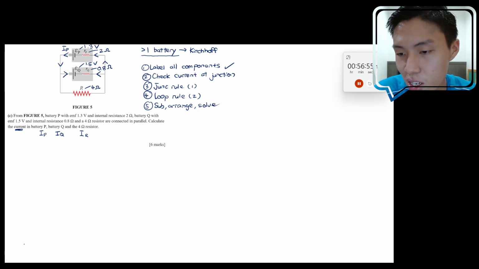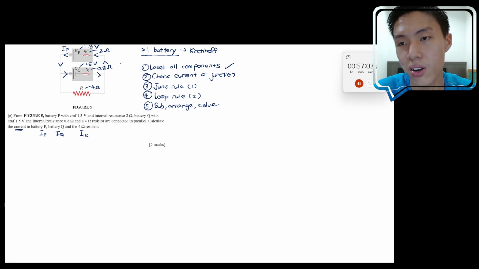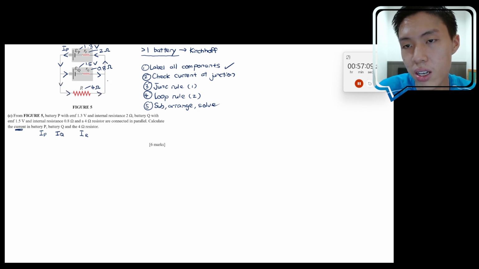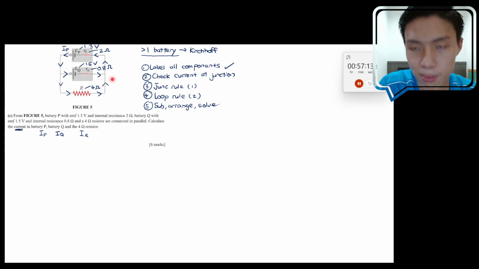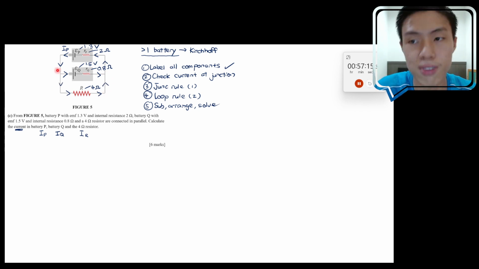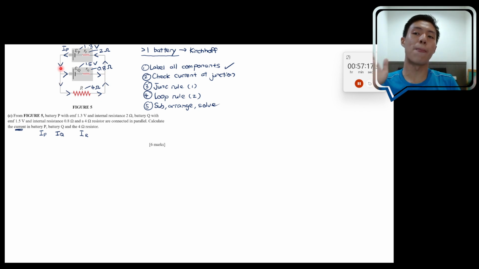So the current should be flowing in a consistent direction. If I put it to be to the right, then it has to be to the right along the way. Last one over here, if I put it to be downward, then this will be along this direction. You can make it flowing from here to here, that's fine as well. You pick yourself, but it has to be consistent throughout the path.